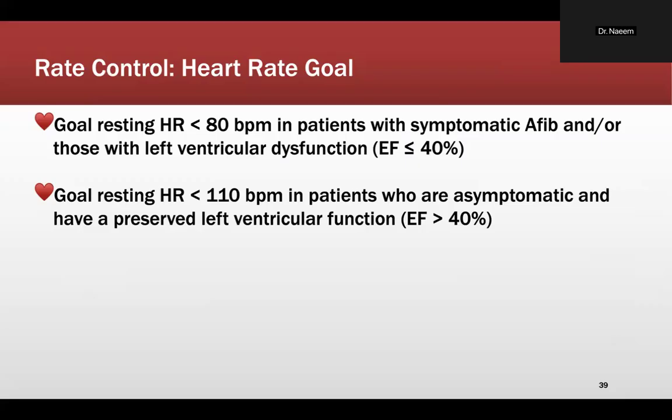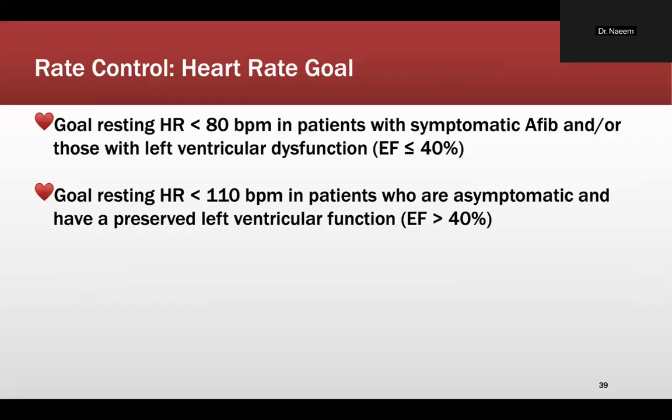As you can see, a goal resting heart rate of less than 80 beats per minute in patients who have symptomatic atrial fibrillation, or those with left ventricular dysfunction with an EF of 40% or less, which is our patients with heart failure with reduced ejection fraction, essentially. Okay, so this is an or thing, where either symptoms or heart failure with reduced ejection fraction.